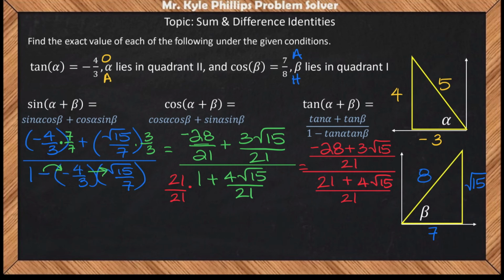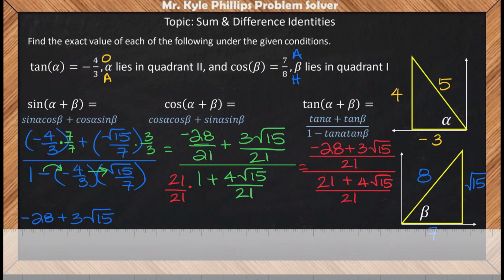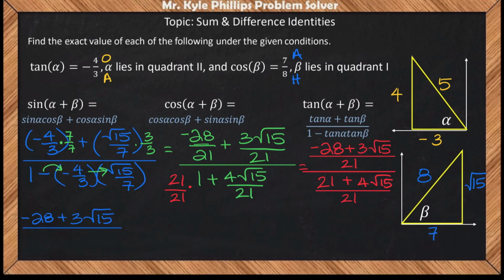So we'll have negative 28 plus 3 root 15, all over 21, and we're going to multiply by the reciprocal of the denominator. So if we wrote this out traditionally, it would be negative 28 plus 3 root 15 all over 21 divided by 21 plus 4 root 15 all over 21.